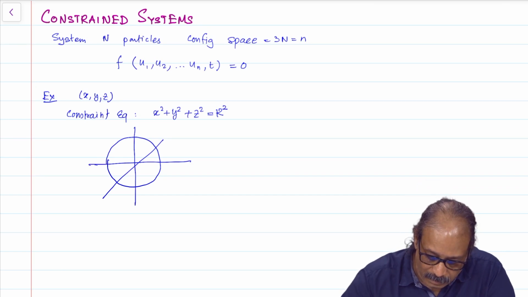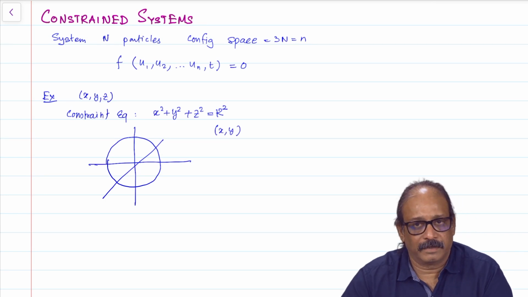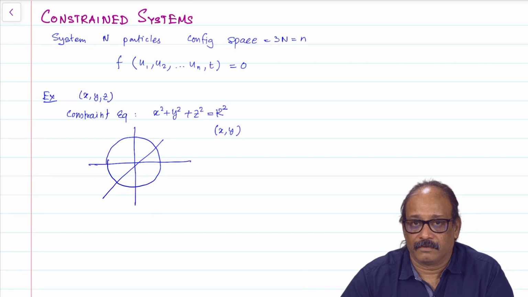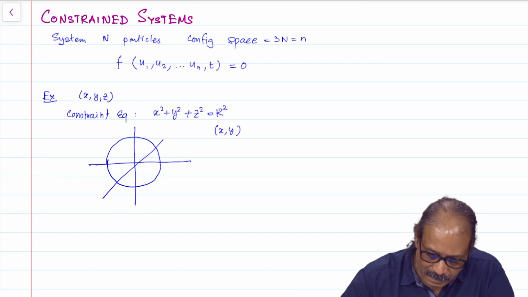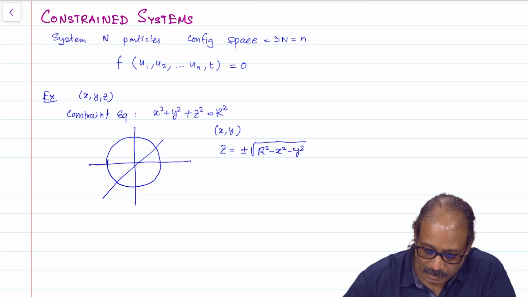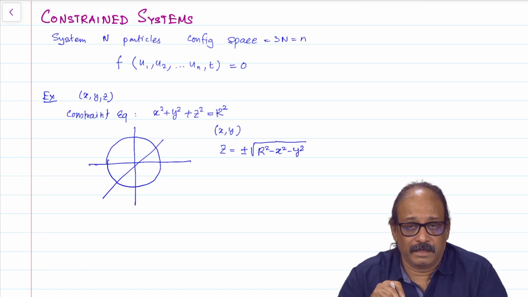You can use coordinates like x and y, but there is a little bit of a problem there, because once you give x and y, can you uniquely determine z? In this case actually you cannot, because z will be either plus or minus square root of r square minus x square minus y square. So, we cannot determine z uniquely.